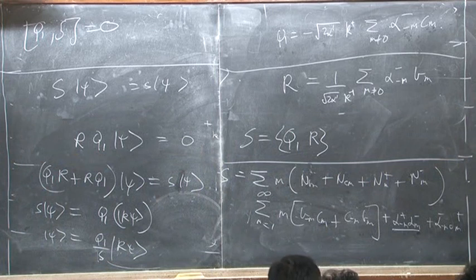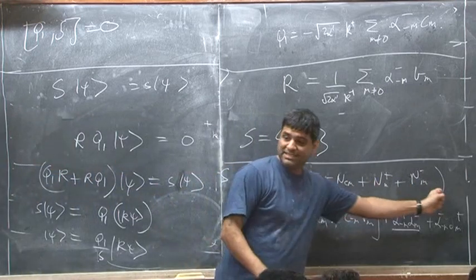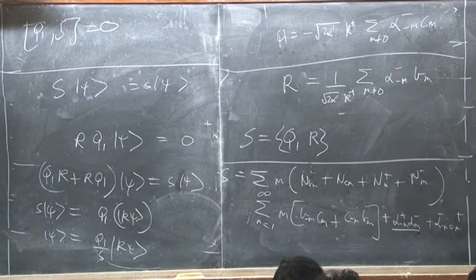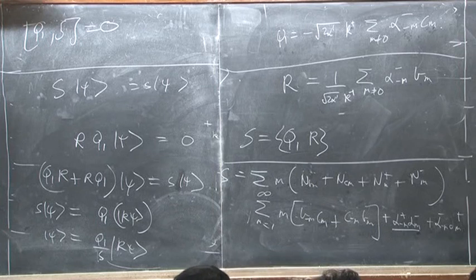S equals 0 is just, the oscillator numbers will cancel each other. No, there's no cancellation. It's all positive. These are numbers. So S equal to 0 is simply those states that have no plus oscillators, no minus oscillators, no B oscillators, no C oscillators. It's the only way you can have S equal to 0.